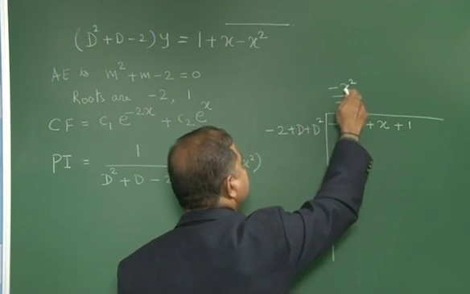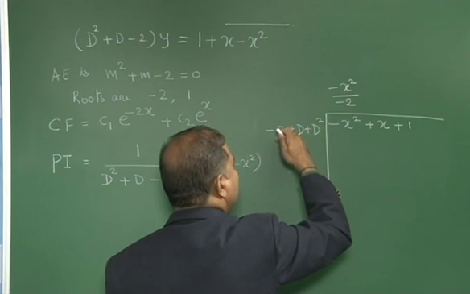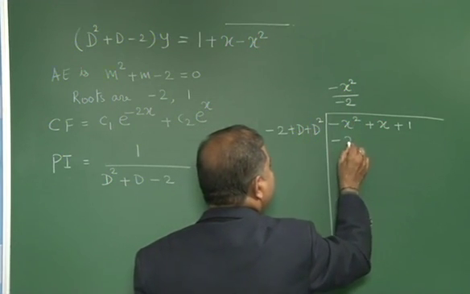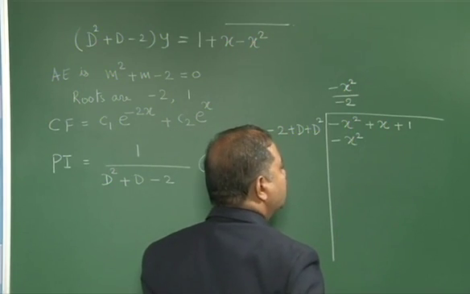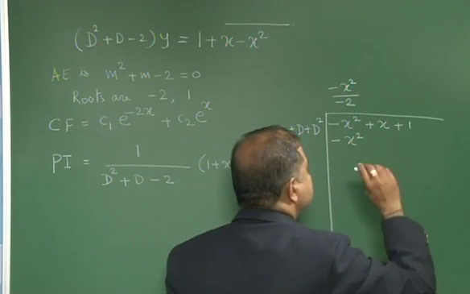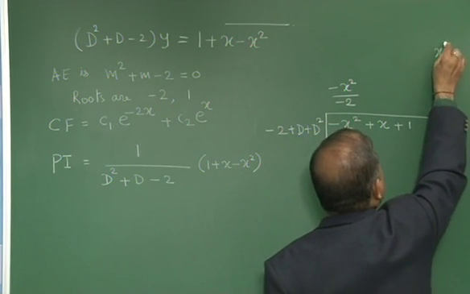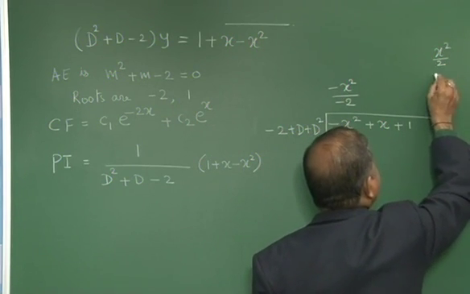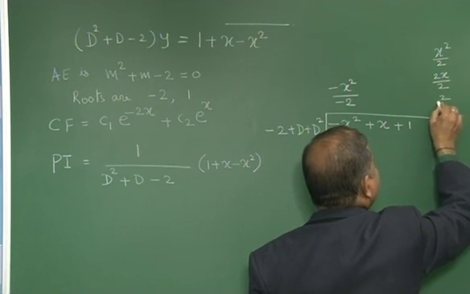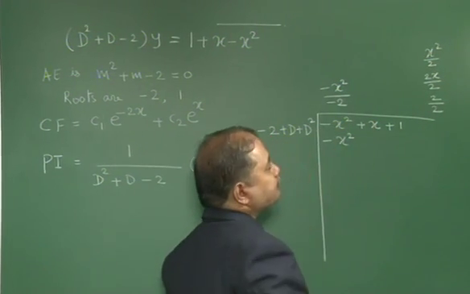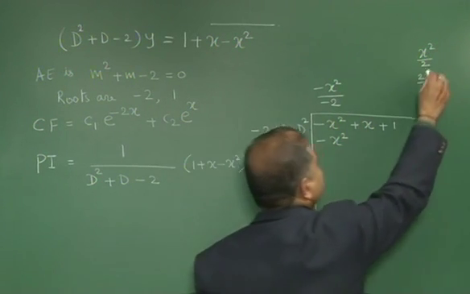Minus 2 into this, the minus 2 gets cancelled, I get minus x square. In the rough column, if you want, you can find the derivatives also. First is x square by 2. What is your first derivative? 2x by 2. What is your second derivative? 2 by 2.